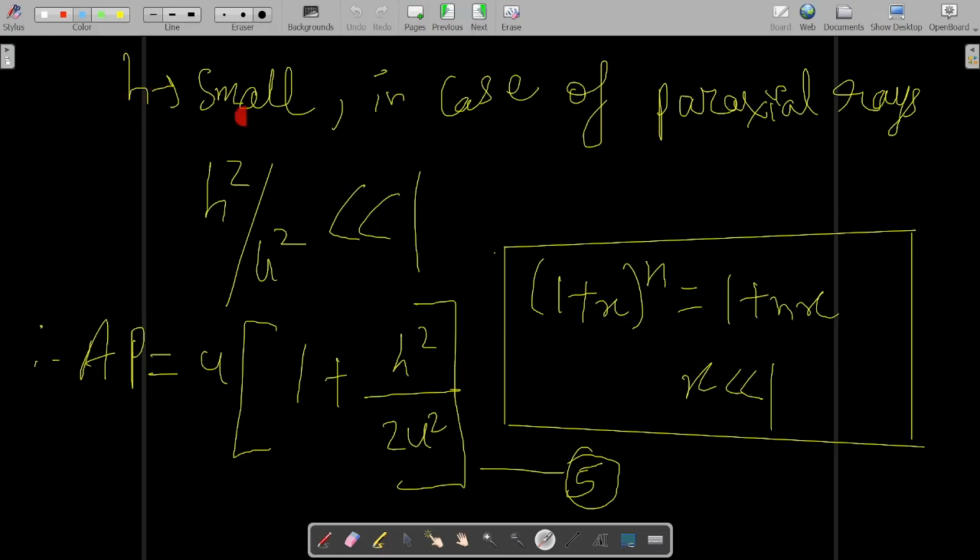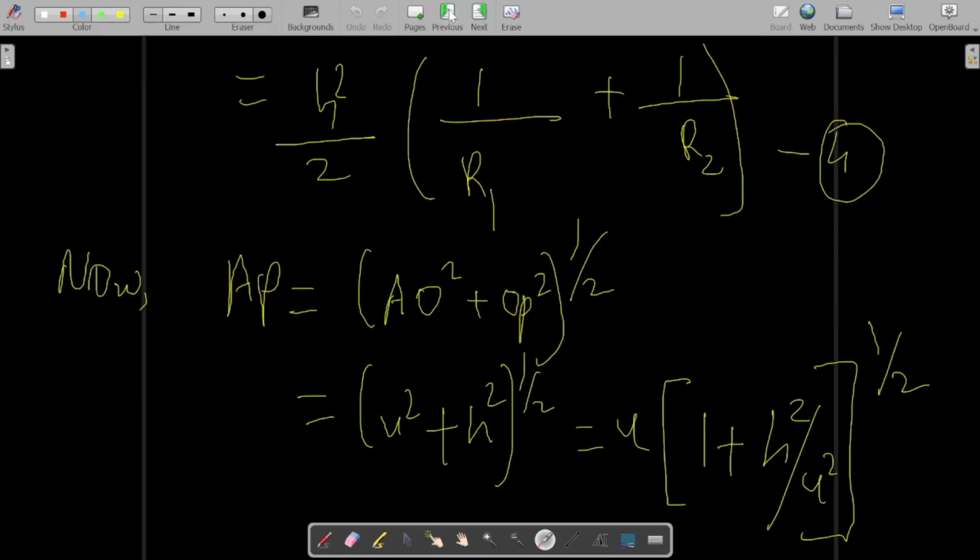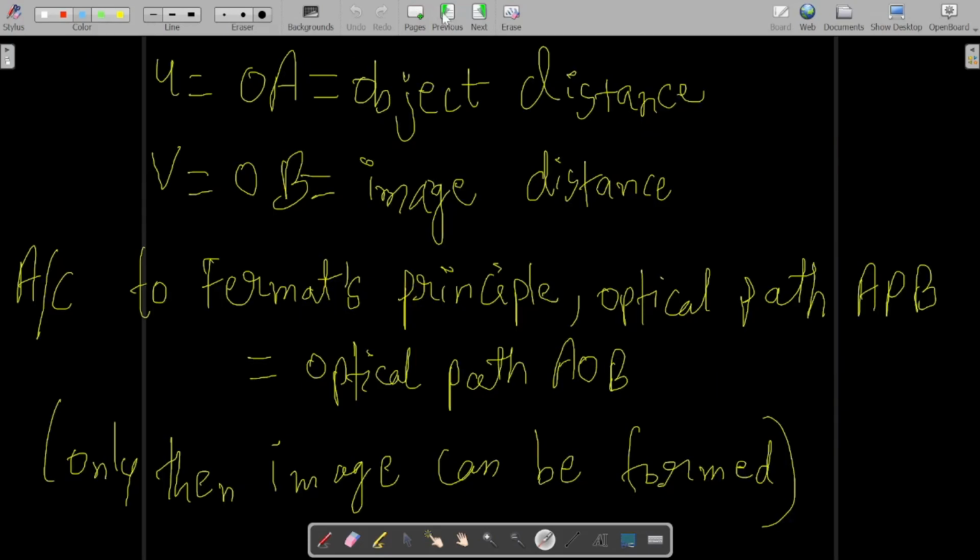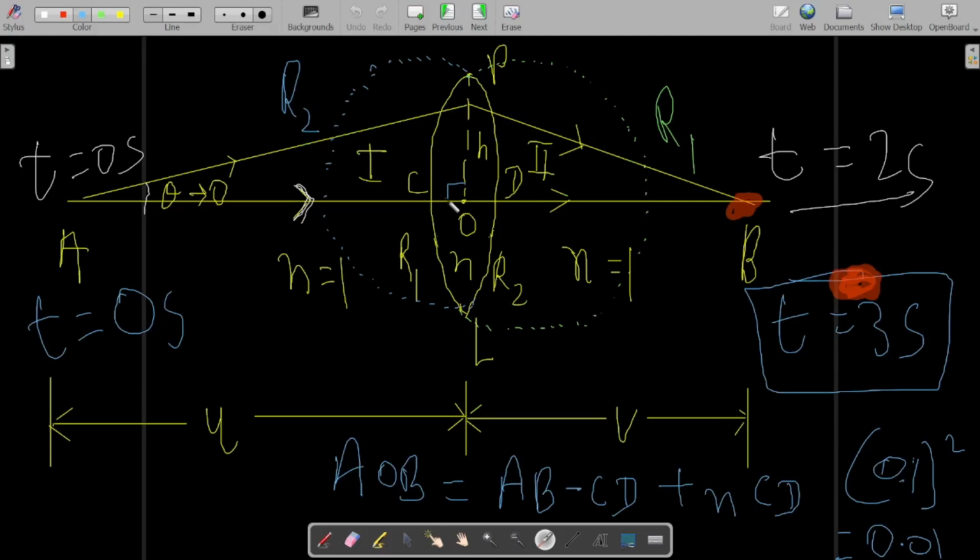So h is small. In case of paraxial rays, h square by u square is much smaller than 1. How is h square by u square much smaller than 1? Because your length is small. Just have a look over here. This is your u, from here till here.